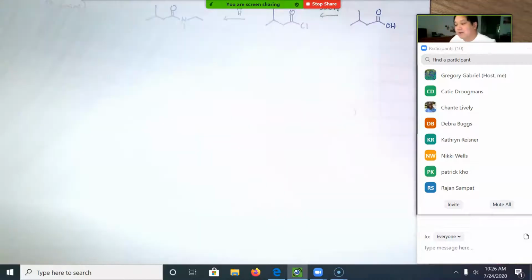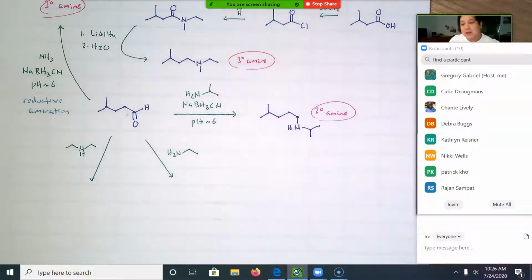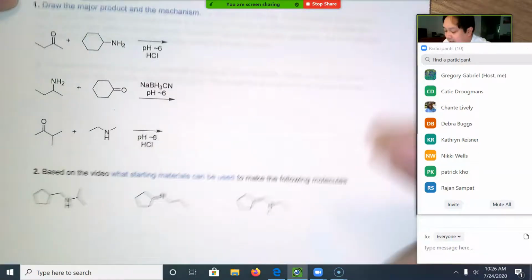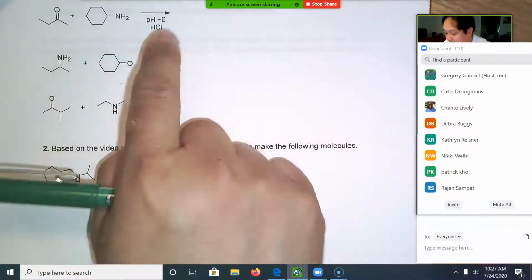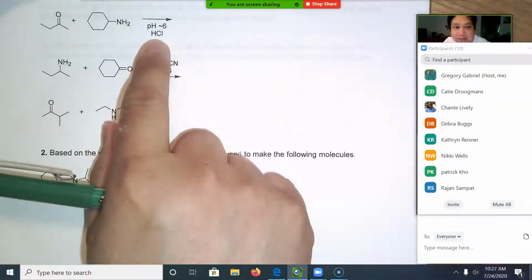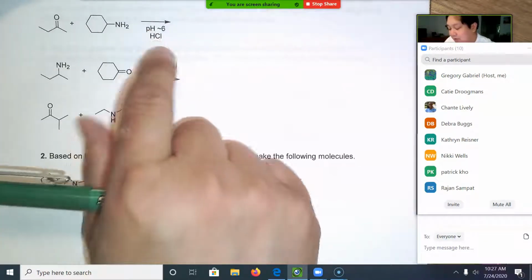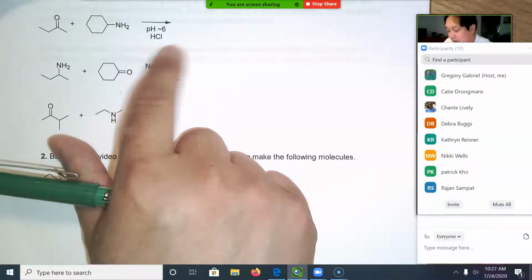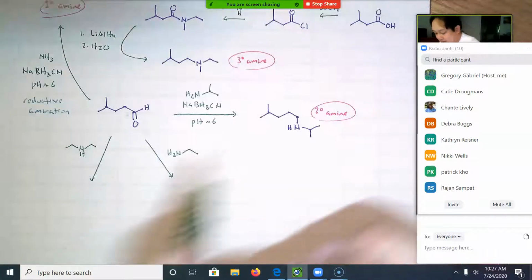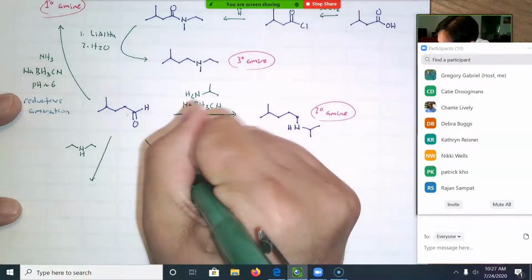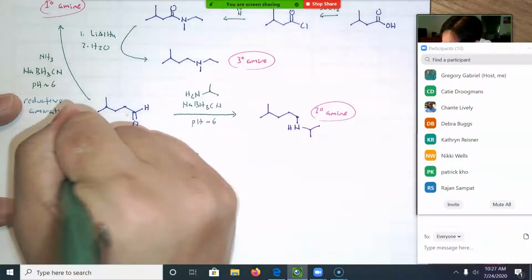I always worry about getting dinged because I forgot a temperature, or I forgot an acid catalyst, or I forgot heat. For these imine and enamine formations, you want the pH a little bit acidic. So the way I wrote that is you could put HCl, or you could put pH 6, or you could put both. It doesn't matter to me. I'll just put pH 6 for both of them.